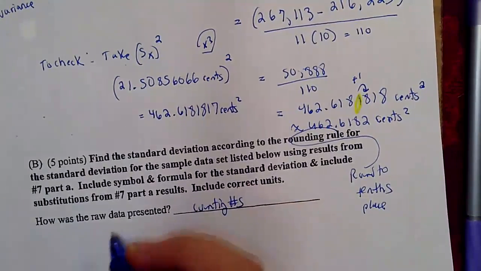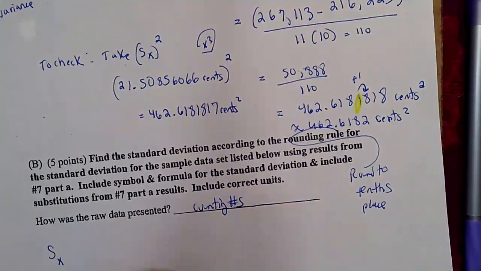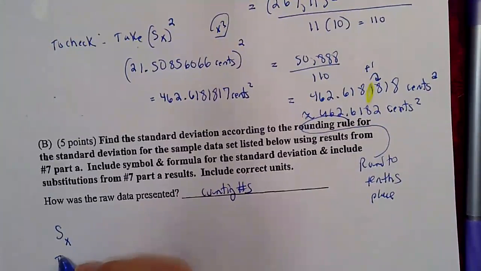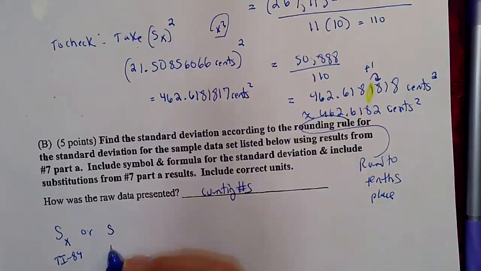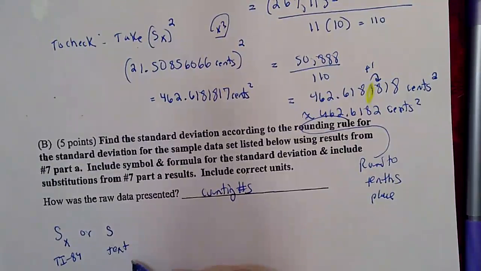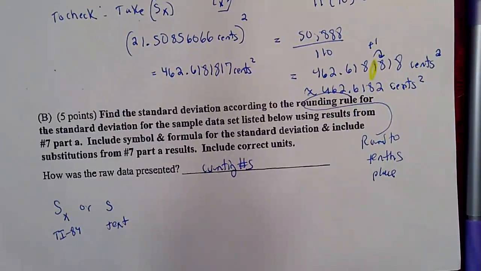So the symbol would be S of X, which is what the calculator uses, the TI-84. Or you could do little s. This is what the text uses. Remember we're doing Cheb's and empirical rule. Remember we had that formula, x equals the mean plus or minus k times s, standard deviation.